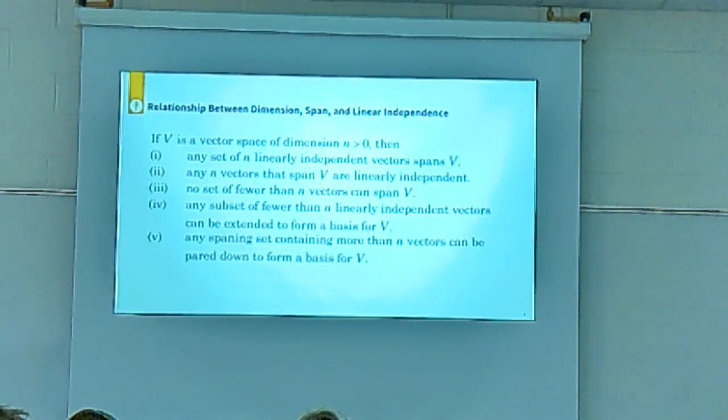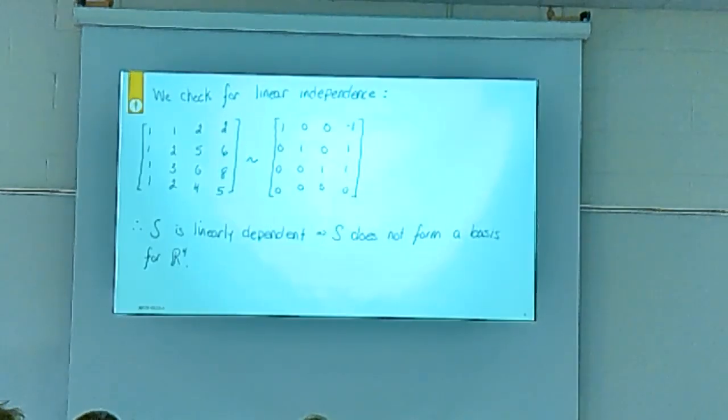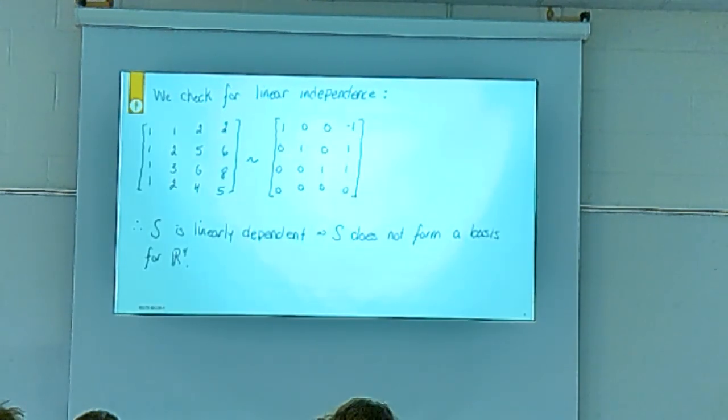If we look at the row-reduced form, how do you interpret that? Which vector or vectors do you think is a linear combination of the remaining? How do you determine that?